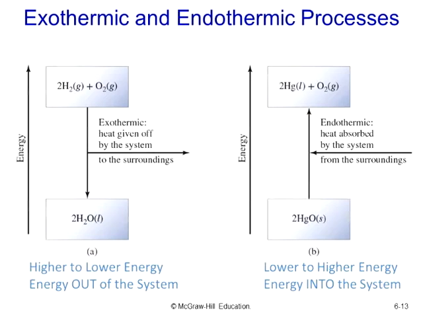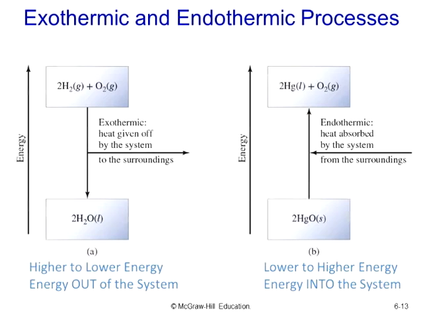And as it moves from the gaseous hydrogen and oxygen, the two diatomic molecules, to the water liquid, note the states, gaseous state to a liquid state, there is a release of energy. That is an exothermic process. It goes from uphill to downhill, at the top of the waterfall to the bottom of the waterfall. So, exothermic processes go from higher to lower energy. Energy goes out of the system.